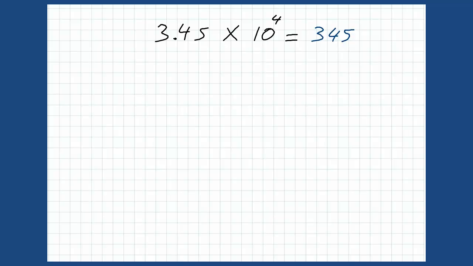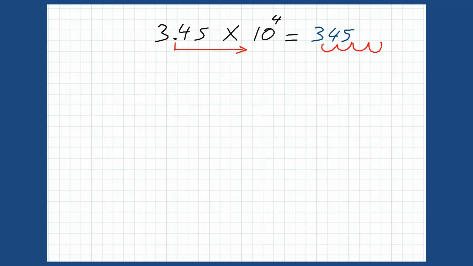So because it is positive 4, you will move your decimal to the right side. How many digits? 4 digits. So it will move from here 1, 2, 3, 4.